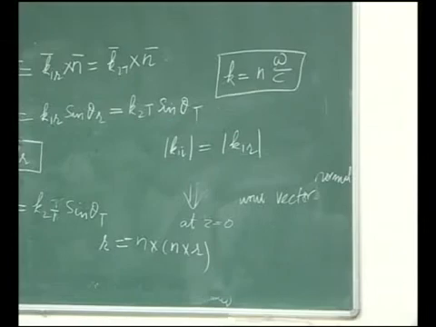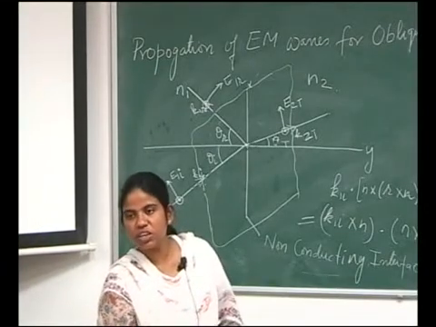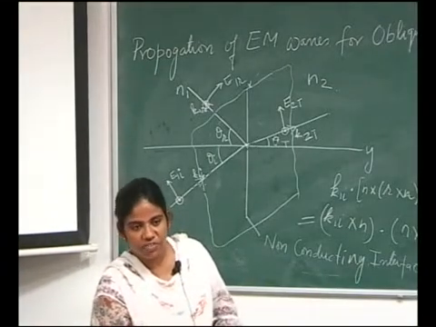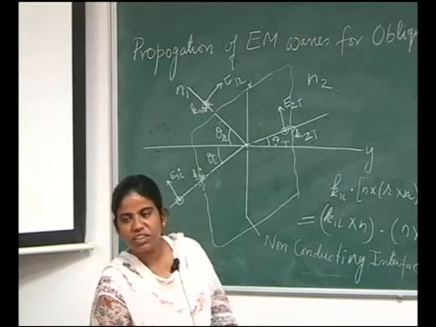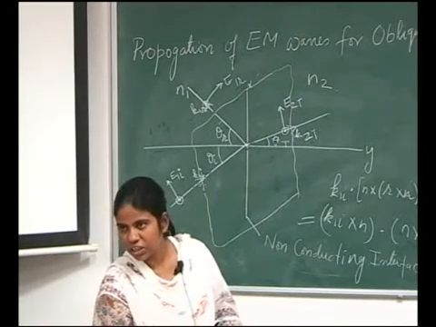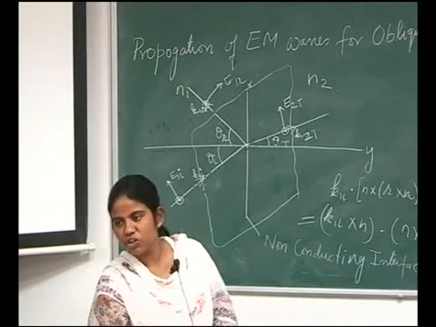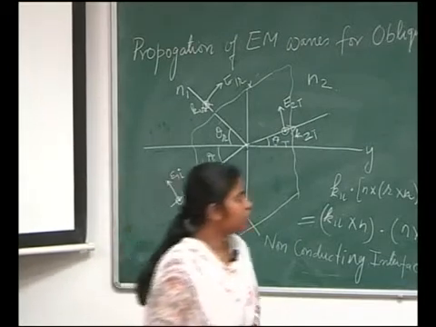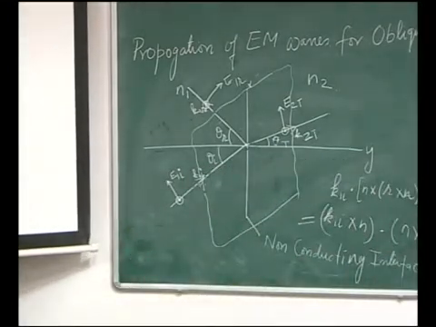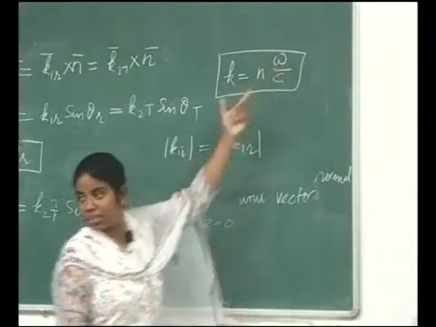At the interface, the frequency of the wave will not change. It is a general fact that you cannot change the frequency of a wave. You can change the wavelength, and that change is reflected in the velocity. So, ultimately frequency remains constant. It means omega is same, c is same.